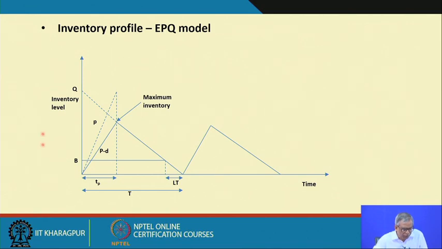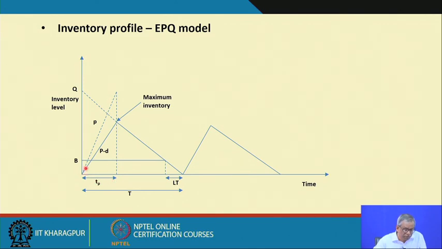Here your required quantity is Q, and for which you have the production runtime, and the production runtime is TP. Depending on which type of production unit you use, once the production rate is known, the runtime you can calculate.